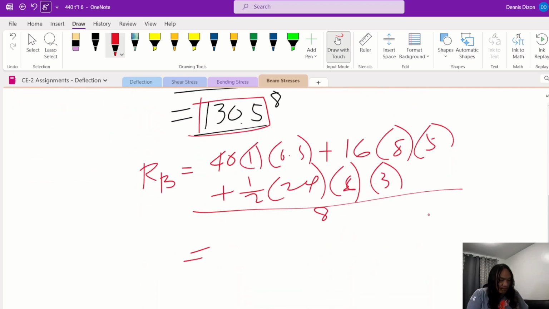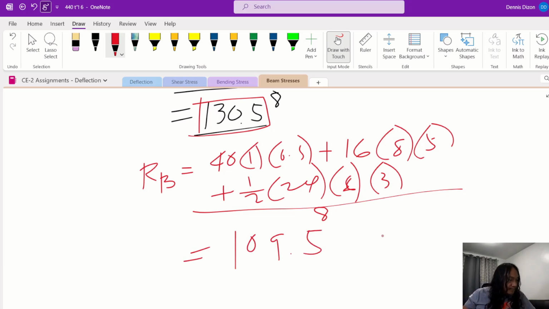Right? So 40 times 0.5 plus 16 times 8 times 5 plus 0.5 times 24 times 6 times 3, divided by 8. This is 109.5.